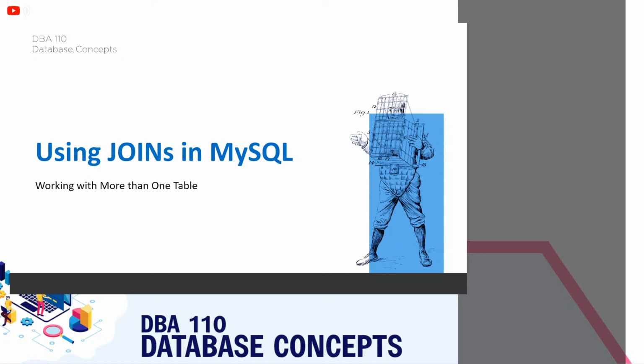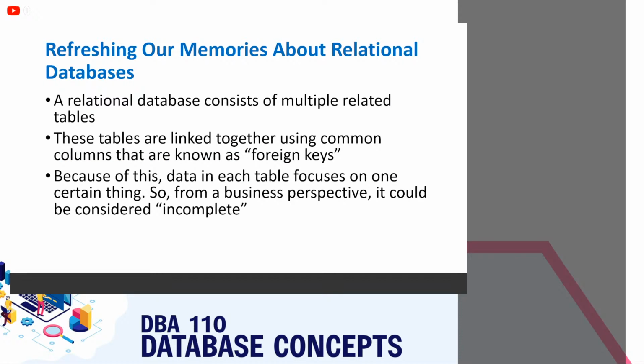So today we're talking about using joins in MySQL, and what a join allows us to do is take two tables and put them together so that we can use the information on these two tables together. Right? So when we think about a relational database, just to refresh our memories a little bit, a relational database consists of multiple related tables. When we look at these tables, we've talked about them previously. One of the things that we do is take these tables and put like information in them.